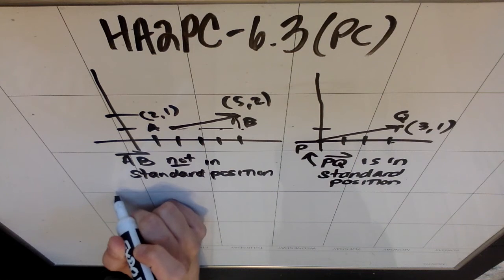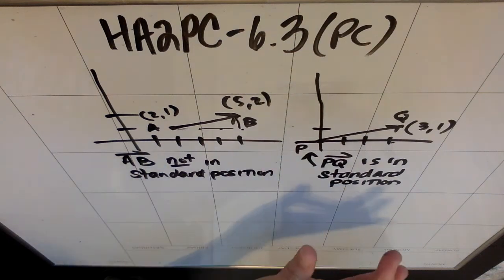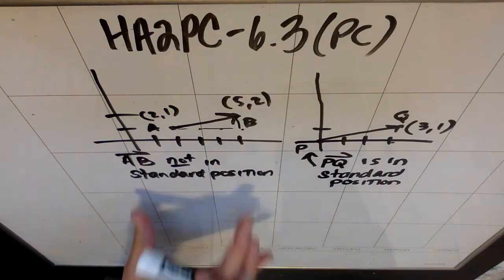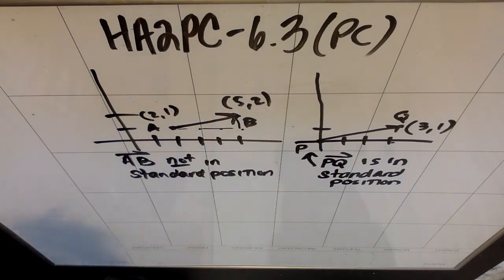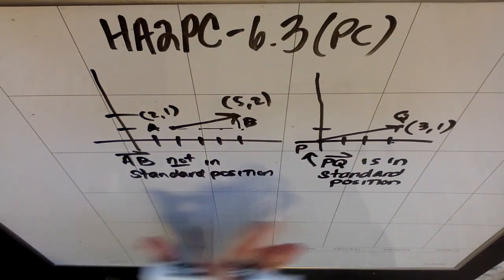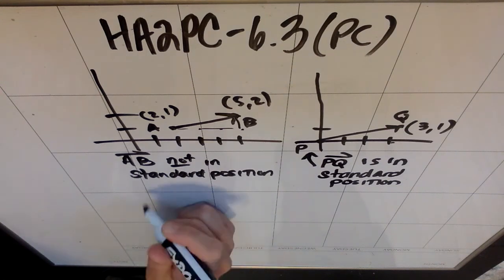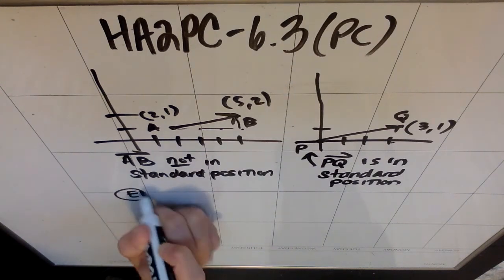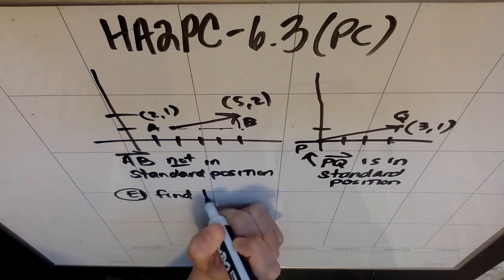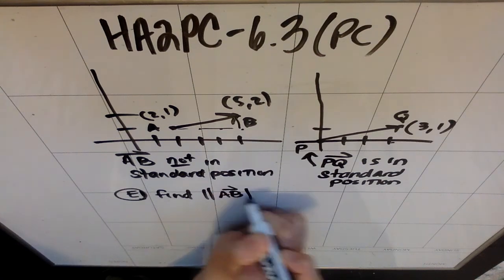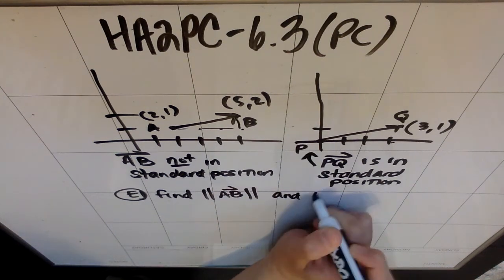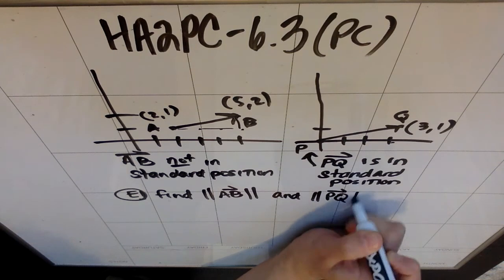Again, the difference is that this vector is in standard position, this one is not, and we can talk in a second about ways that we can write things in standard position that we can't necessarily write in a non-standard position. So for example 1, we're going to find the magnitude of AB, and we're going to find the magnitude of PQ, and they're going to be the same.